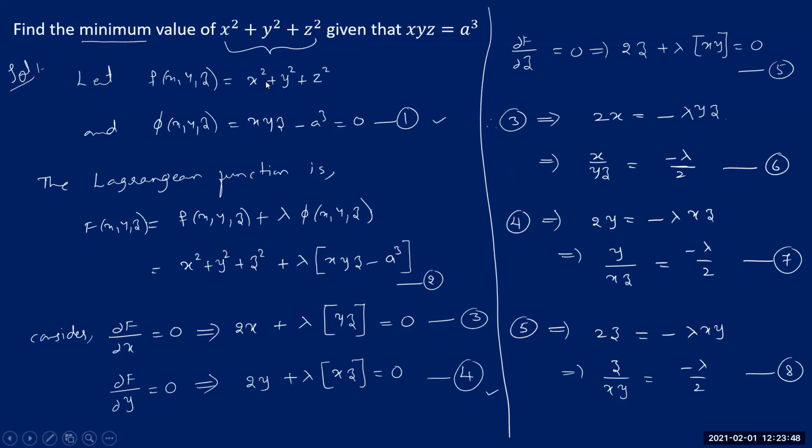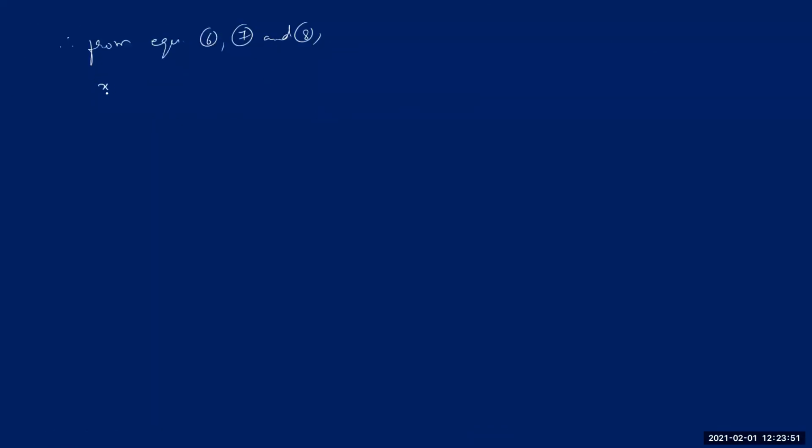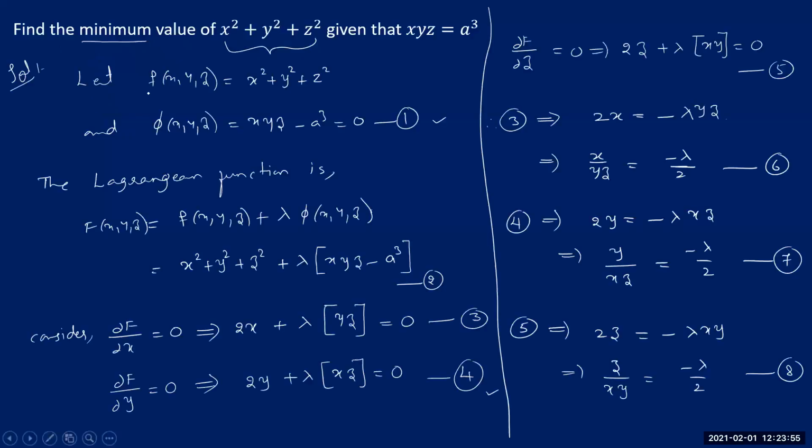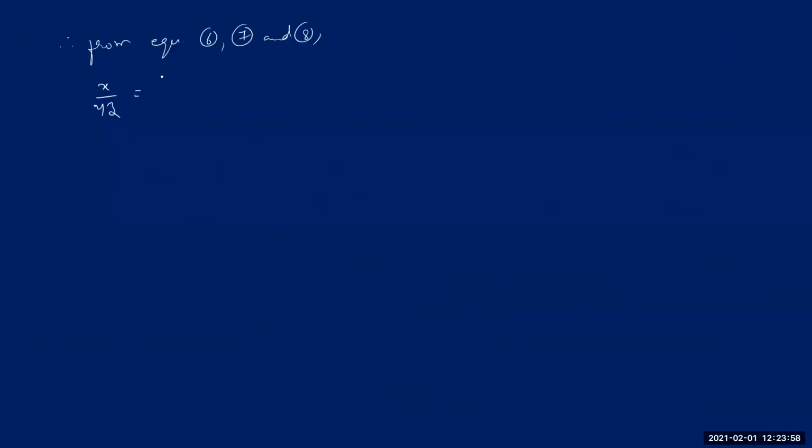I'm just equating all the left hand sides. x by yz is equals to y by xz, and this is equals to z by xy, and all these 3 are equal to minus lambda by 2. Right? Because all those are equal, I can take any 2 combinations. I'm just taking the first 2 here.